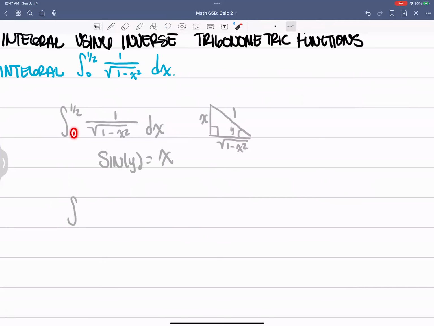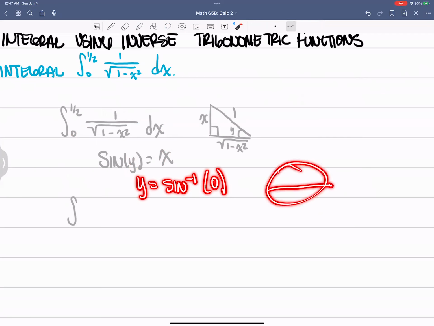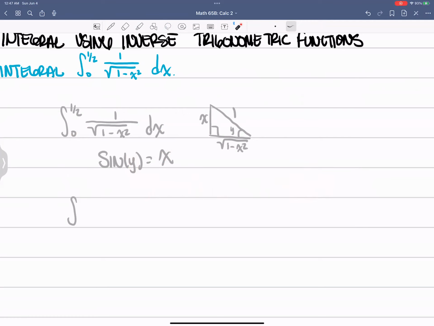When x is 0, what is y? y is equal to sine inverse of 0. Where is sine 0? It's going to be this one here because that's part of the range. So it's just 0.